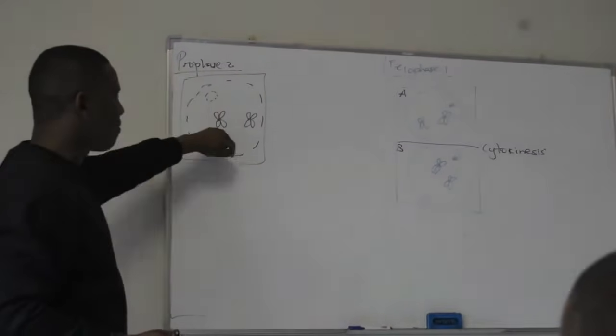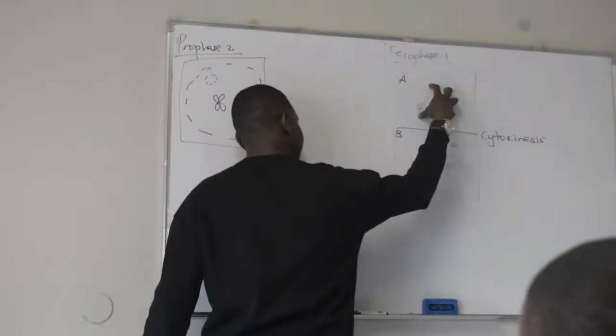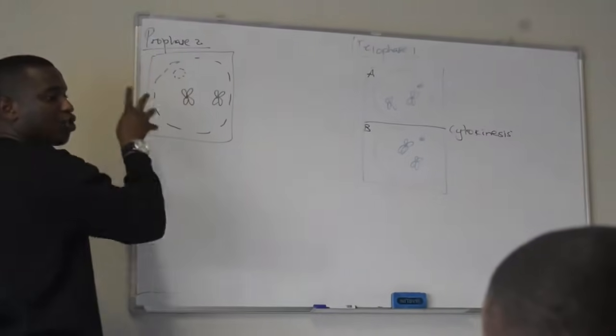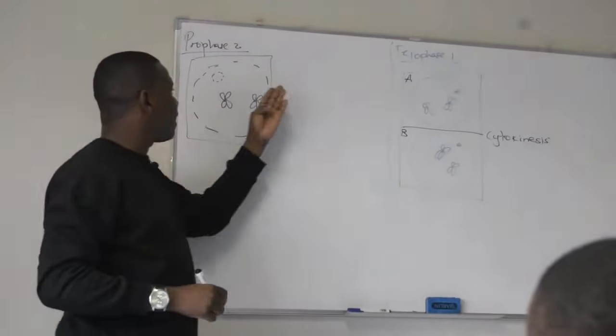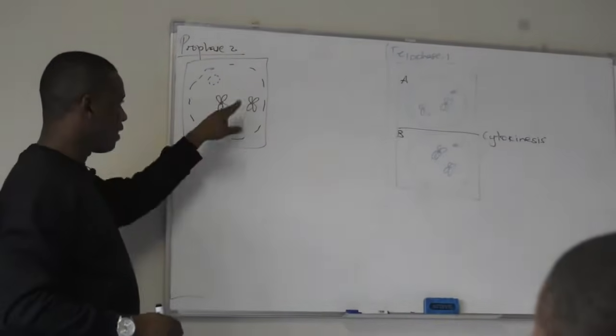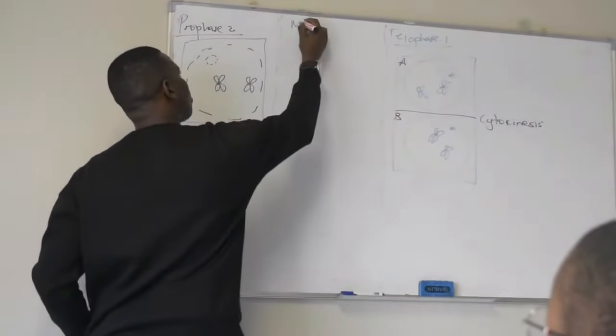I just took only cell A and put it under prophase 2. I'm still dealing with cell A. The nuclear membrane starts to disappear, the nucleolus starts to disappear.